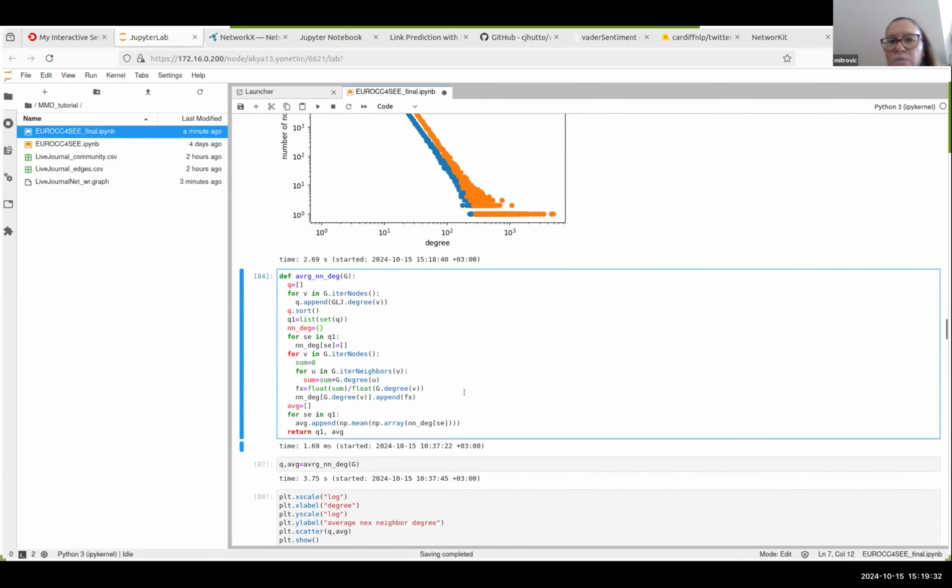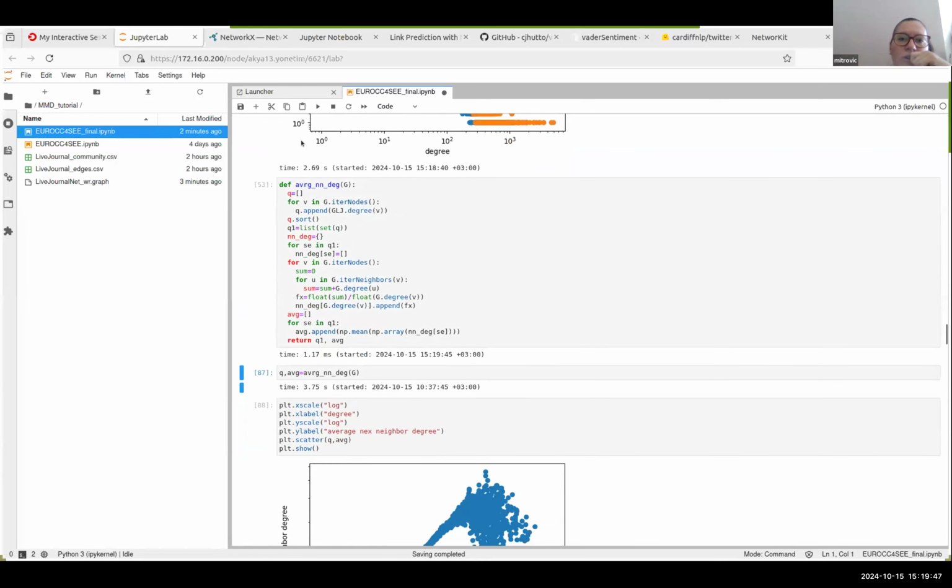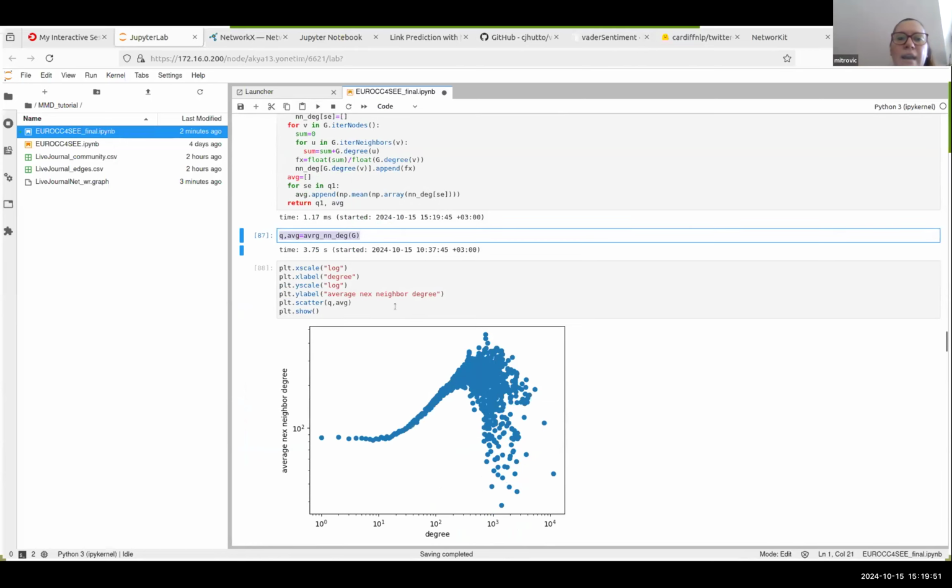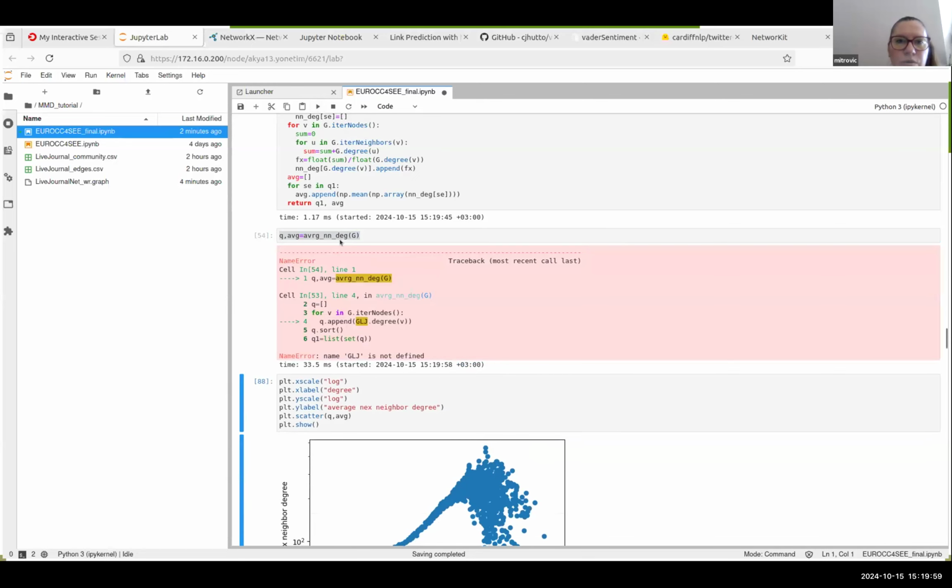So I actually wrote a whole function that allows me to calculate, for each degree, the average nearest neighbor degree of that specific node. And if we run and define this function, we can calculate for our specific network the degree and average first neighbor degree. And, oh, sorry.